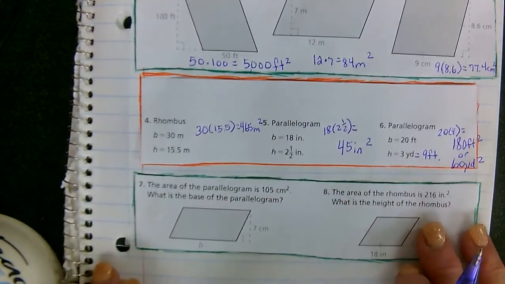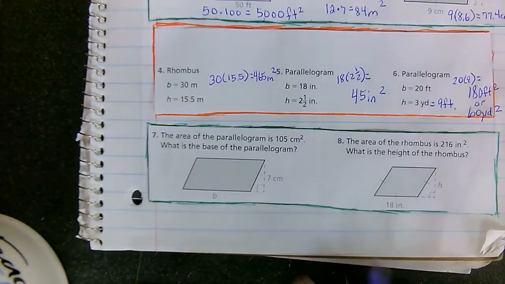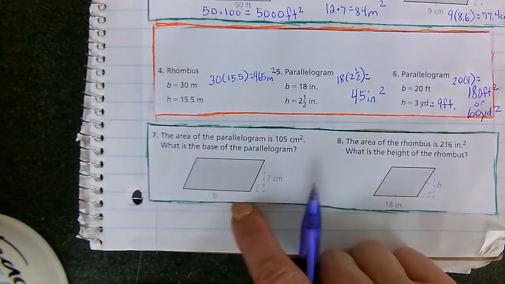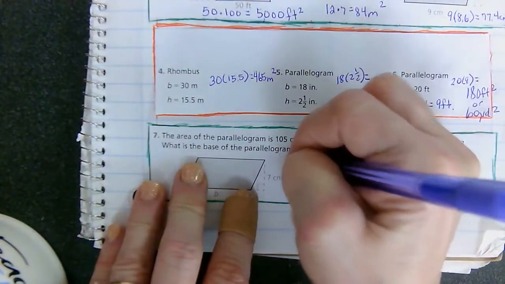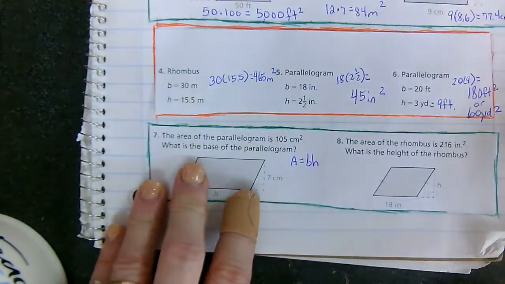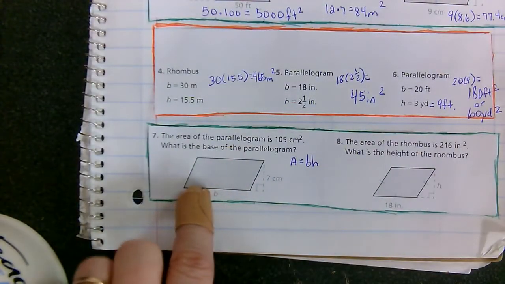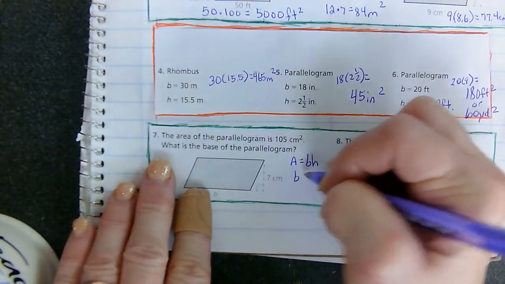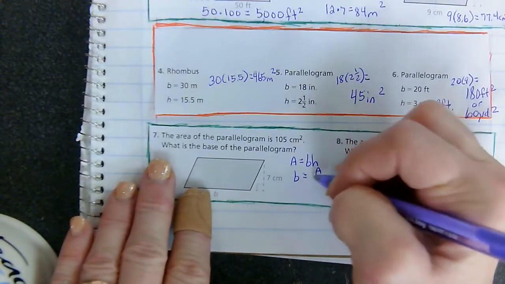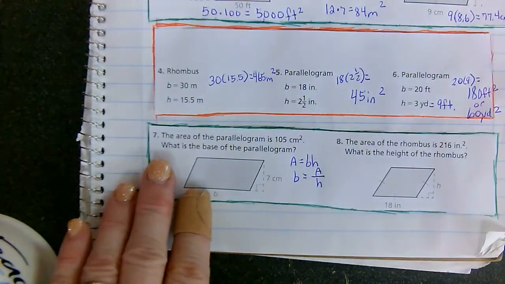Let's go on down to the next one. On this one, now we're going to work backwards. Okay? Area, reminder, is equal to base times height. In this case, we don't have the base, but we have the height. So the formula can be written as base, which we're trying to find, is equal to area divided by height. Okay?